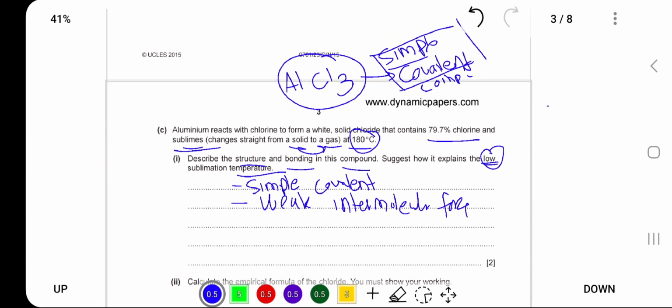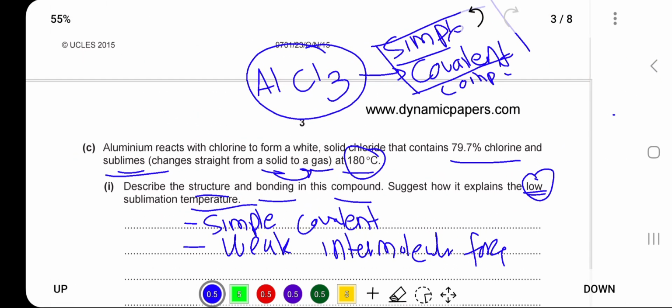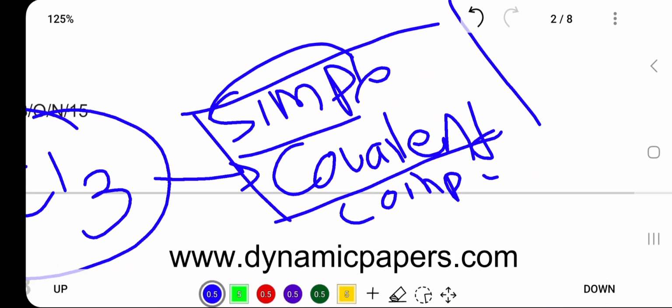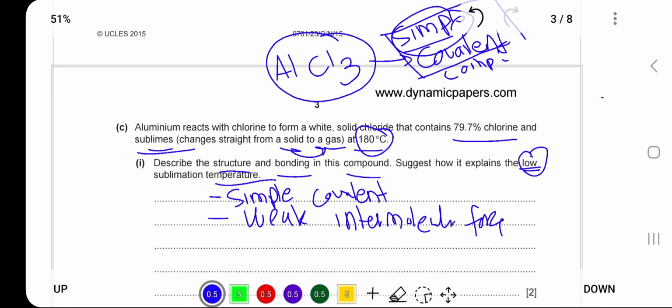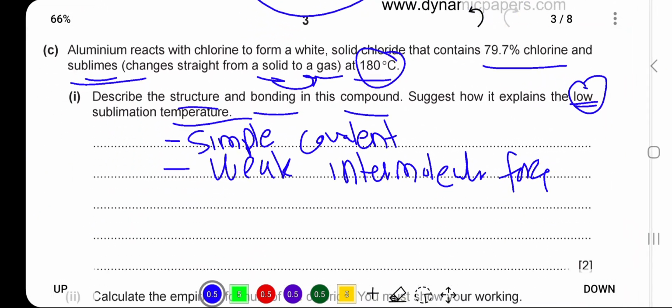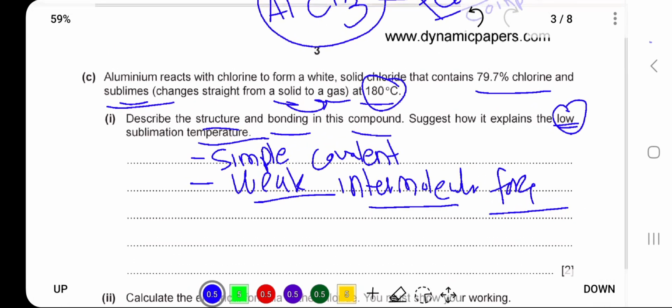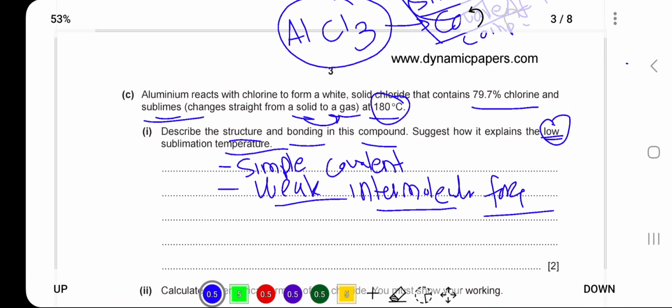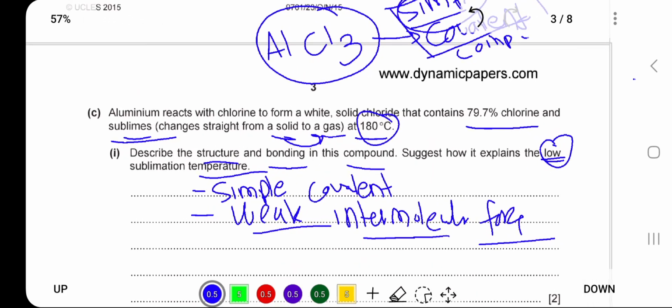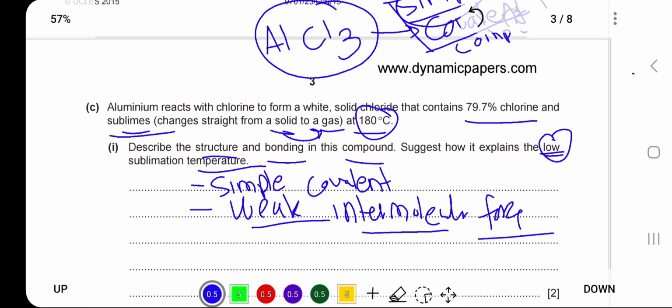When you're talking about simple covalents, what makes them weak is the weak intermolecular forces. So you really should learn it at this point, alright? It is very important to know weak intermolecular forces.